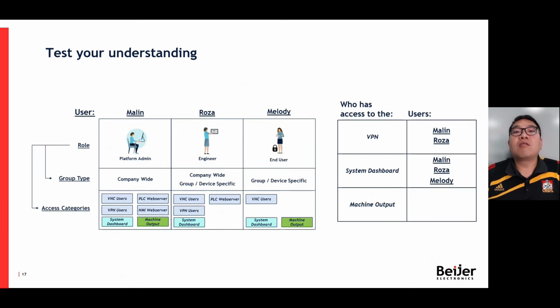Next, who has access to the dashboards? All three of them have access to the system dashboard, as you can see here. And finally, who has access to the machine output page? In this case, it's the dashboard page, like in our examples of legends we spoke about. The answer is Marlin and Melody.